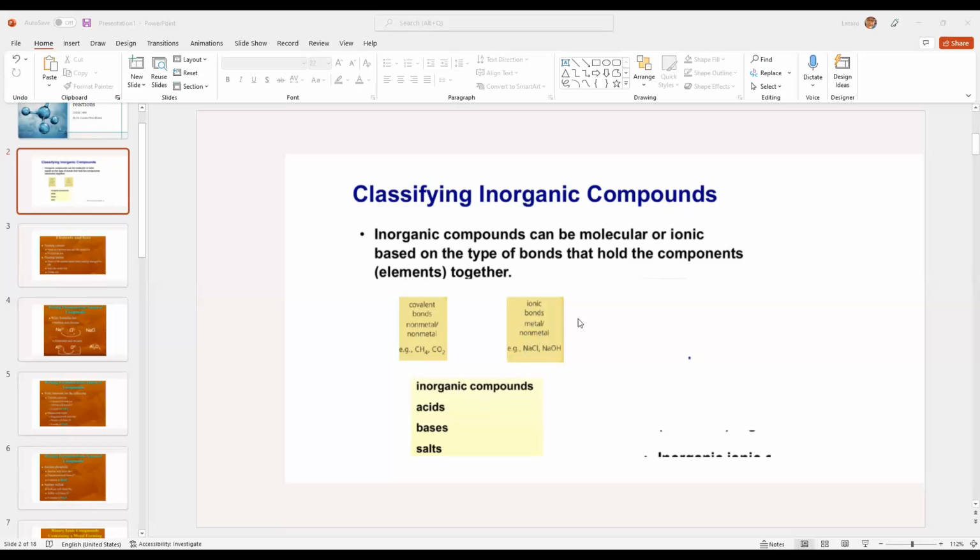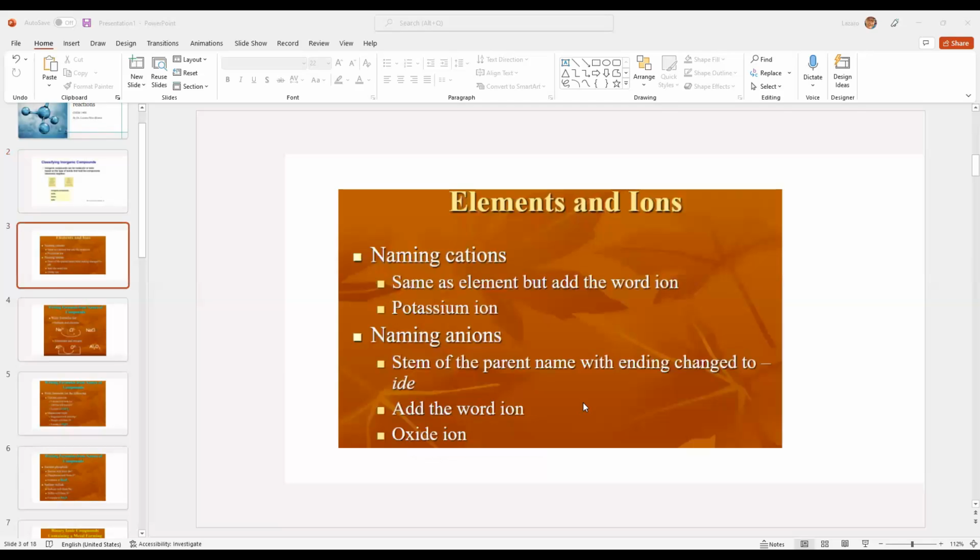Also, we can divide the inorganic compounds into acids, bases, and salts. Well, what is an element and what is an ion?